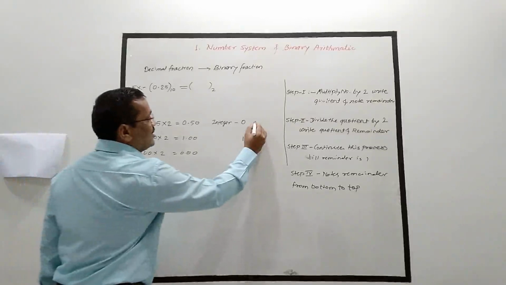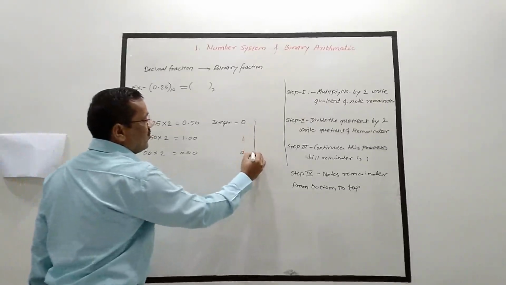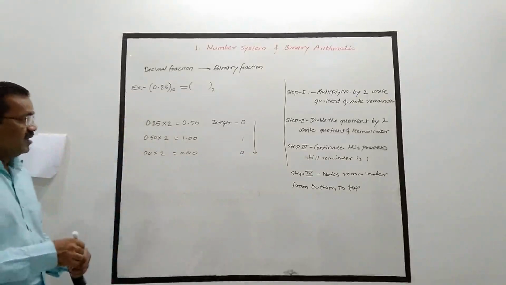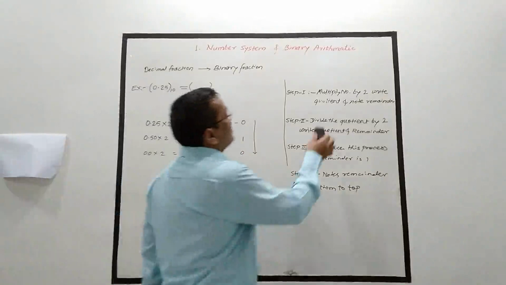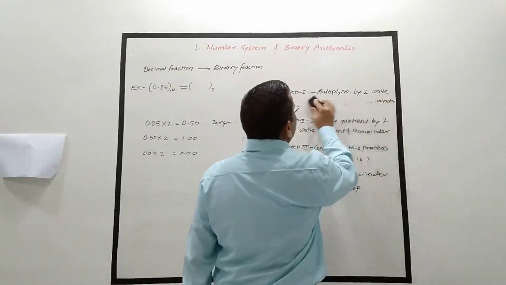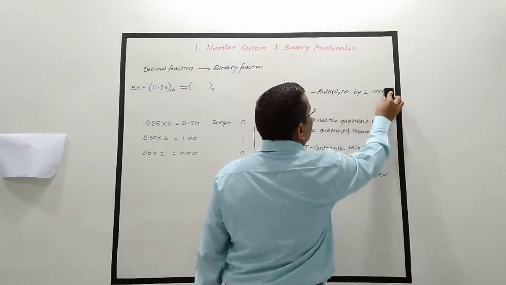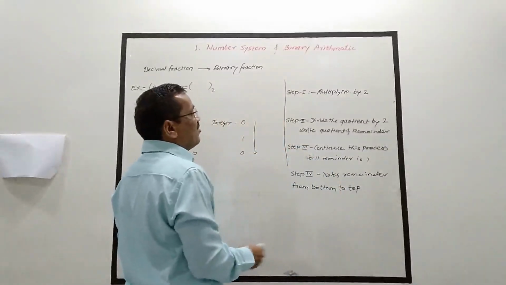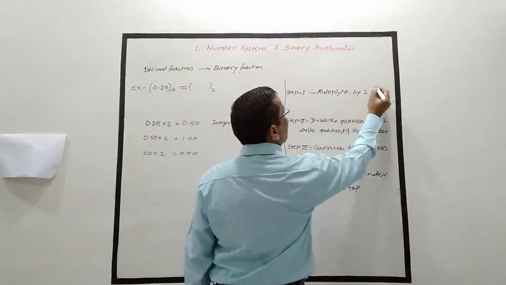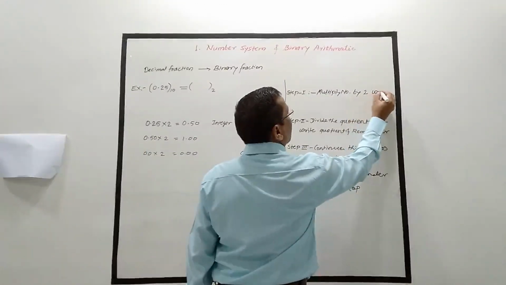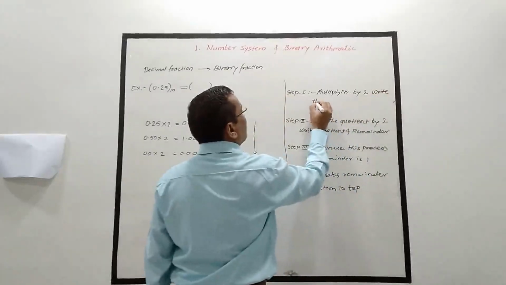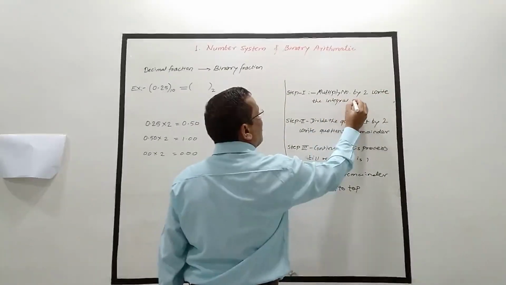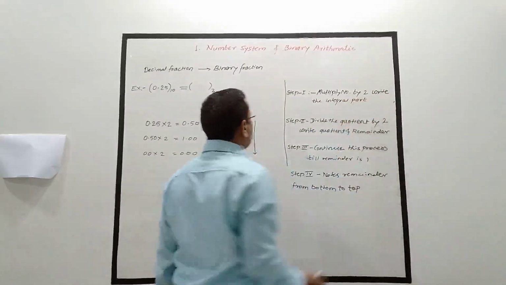Now here the order of writing the number is from top to bottom. So the steps we have to write like this. Multiply the fraction number by 2. Write the integer or integral part of this number.